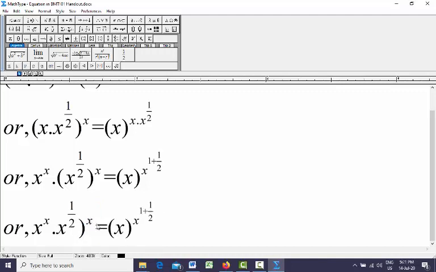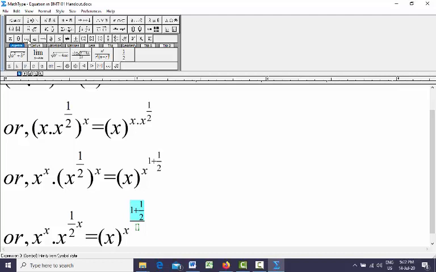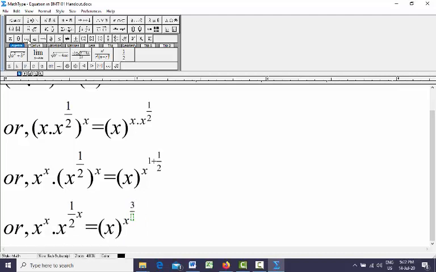So we will have half multiplied by x, that means half x. Here 1 plus half is 3 by 2.